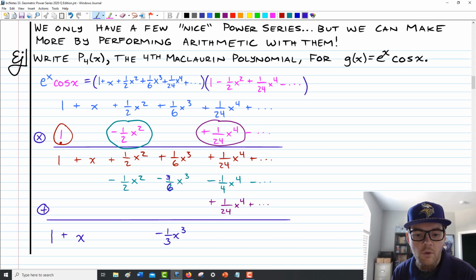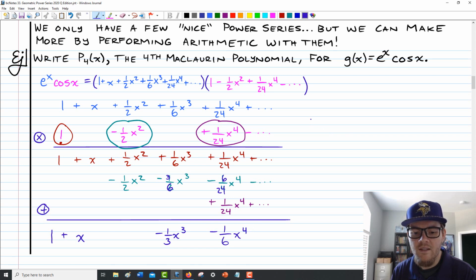And then finally for the last one, if we do the same kind of thing, we have 1/24, but we're subtracting a fourth. Let's multiply up and down by 6, and we'll get 6/24 x to the fourth. That's 1/24 minus 6/24, which is negative 5/24... rather, as stated, 2/24 minus 6/24, which is negative 4/24, which is the same thing as negative 1/6 x to the fourth.